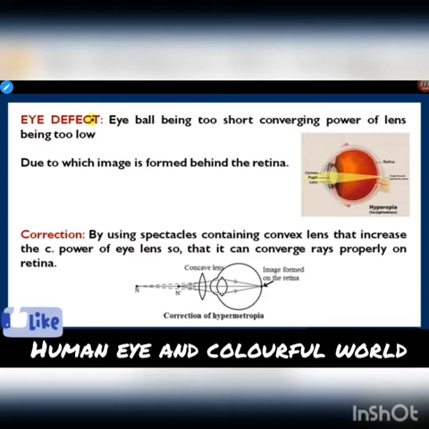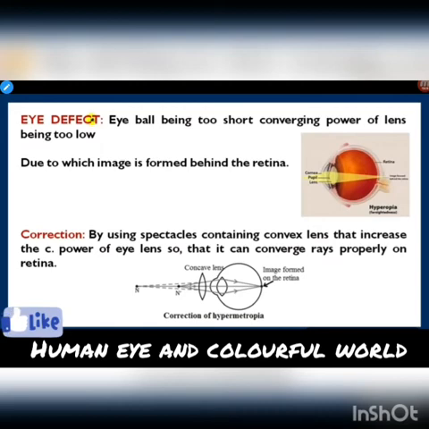Now the eye defect will be that the eyeball is too short and the converging power of the lens is too low, due to which the image is formed behind the retina. You can see in this image that the light rays have converged and the image is formed behind the retina.